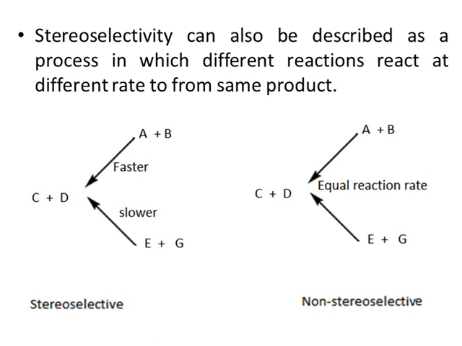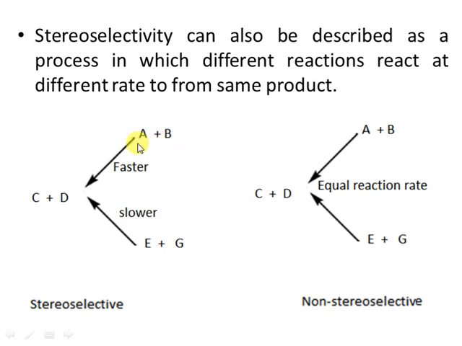Right, so stereoselectivity can also be described as a process in which different reactants react at different rates to form the same product. Let's consider that we have two reactants A and B, and they form products C and D. Similarly, we have two other reactants E and G, and they are also converting into C and D. So the product is the same, but the reactants are different. But you can see here that these two reactants are reacting faster to form C and D. So this is a stereoselective reaction in which the stereoselectivity is being determined by the reactants.